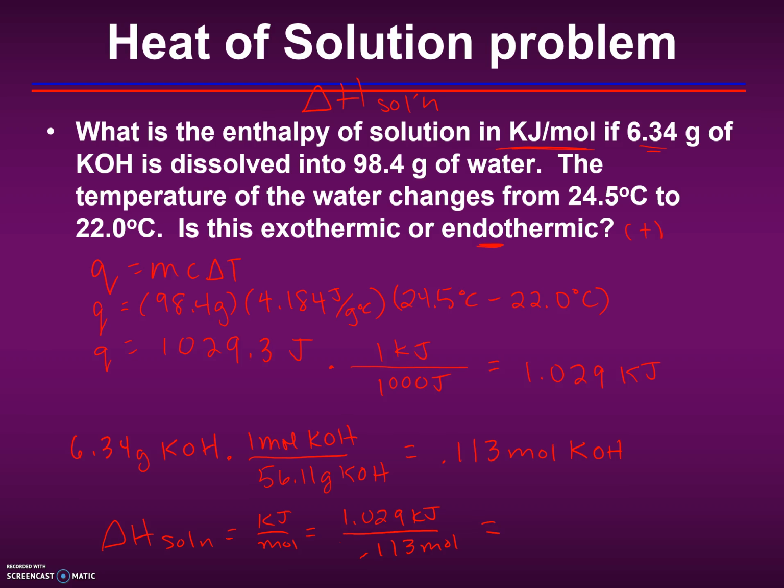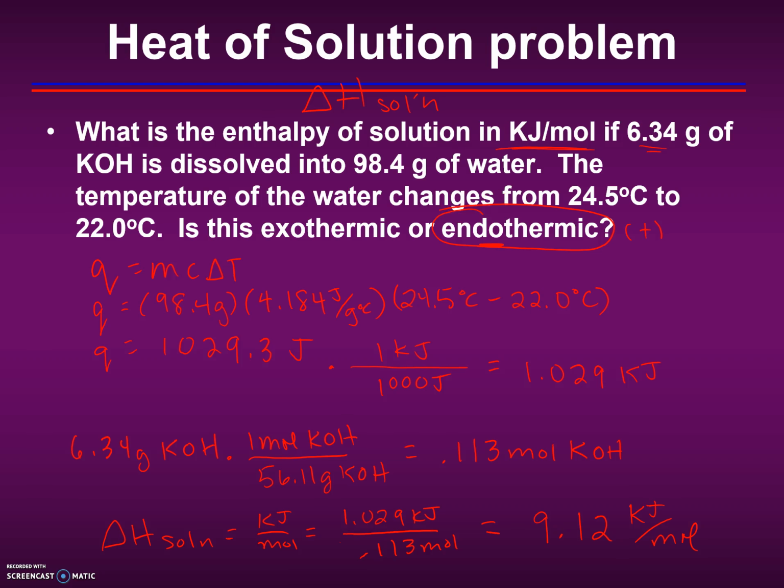So now I just need to divide those numbers, 1.029 divided by 0.113, and I end up with 9.12, and now I'm down to my three significant figures, kilojoules per mole for my heat of solution. We did decide already that my temperature went down, so it is endothermic.